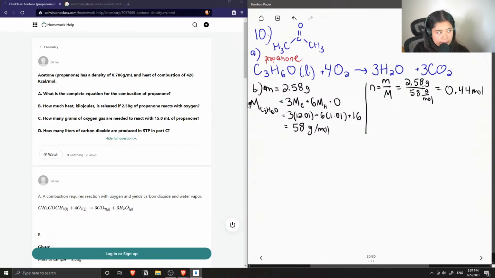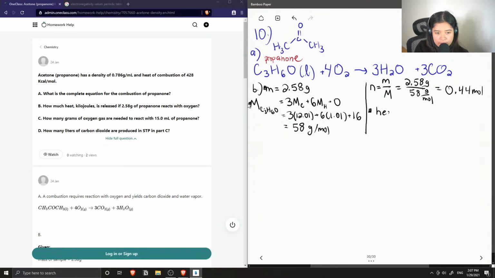So to calculate heat, we know that the heat of combustion is 428 kilocalories per mole. So since we're given the number of moles, all we need to do is multiply these two values.